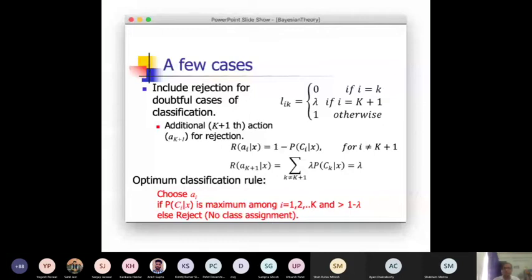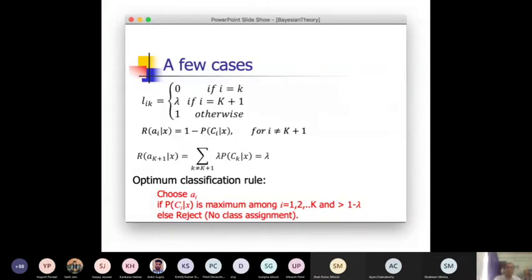Fine. Any confusion? So this is how you are implementing this particular policy, that your posterior should have sufficient strength. As I was mentioning, it is meaningful if lambda ranges between 0 and 1.